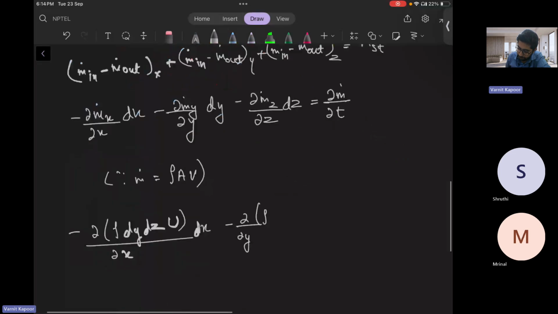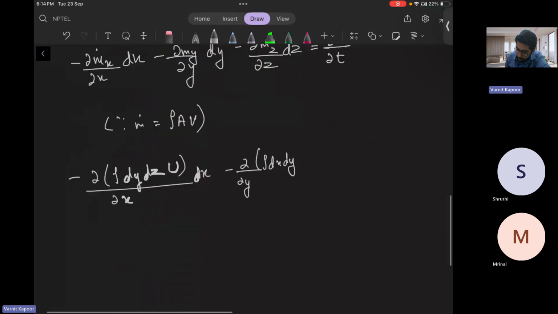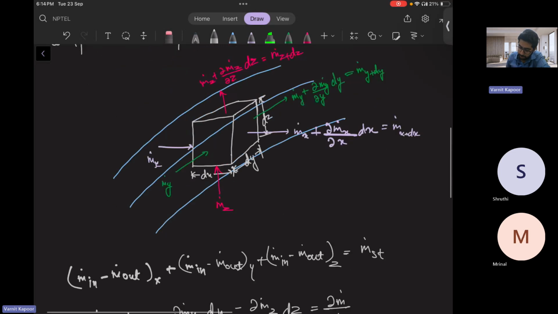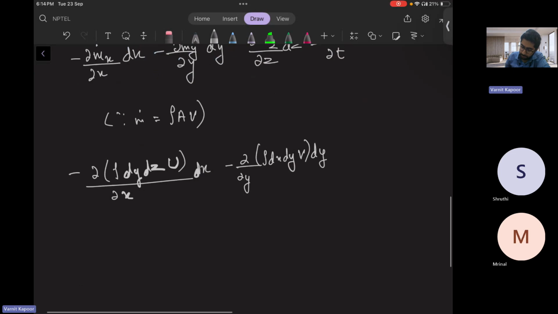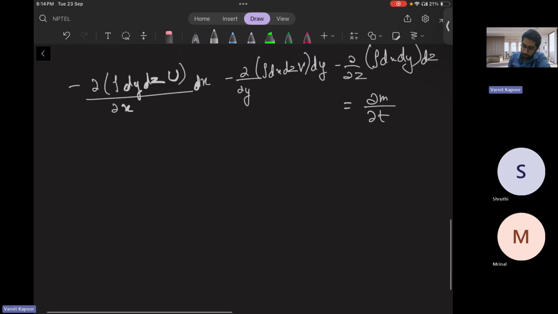It will be dx dz, my bad, dx dz, into v dy, and ∂/∂z of rho w dx dy dz is equal to ∂m/∂t. So you can write again ∂/∂x of rho u dx dy dz.